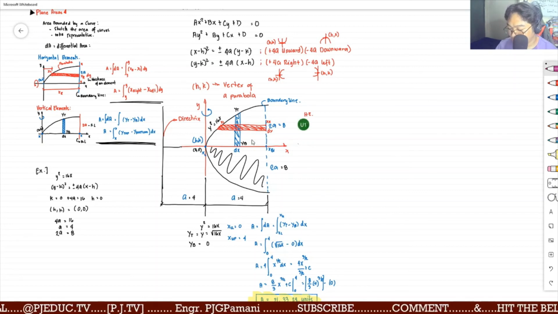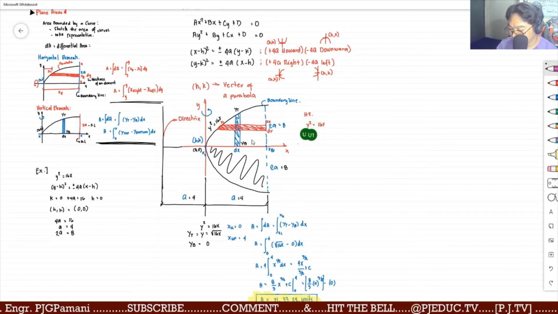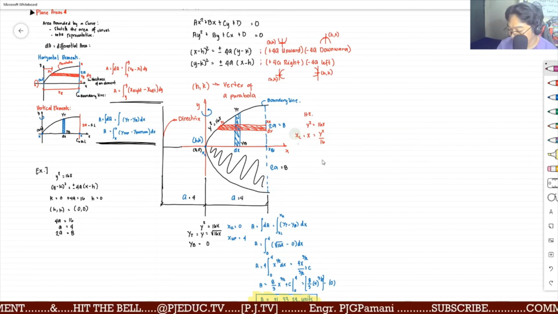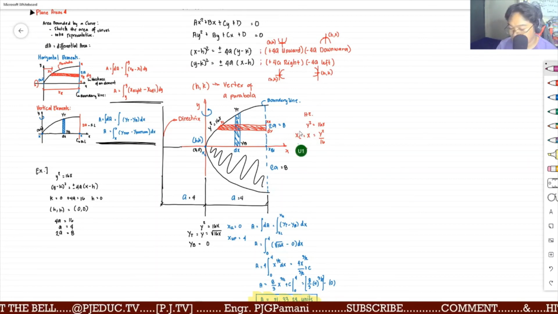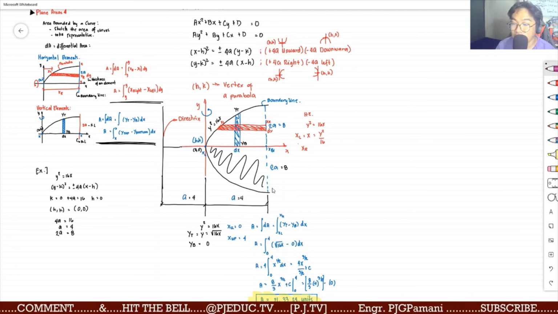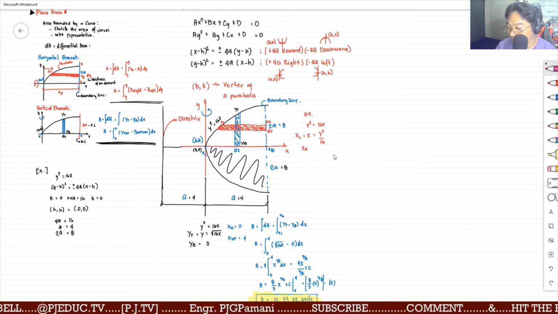So that is y squared equal to 16x, or x is equal to y squared over 16, which is also your x left. And x right is considering a part of the boundary line, where the boundary line located at 4 of the x-axis, or your distance from the focus to the boundary line, which is 4. So x right is equal to 4.